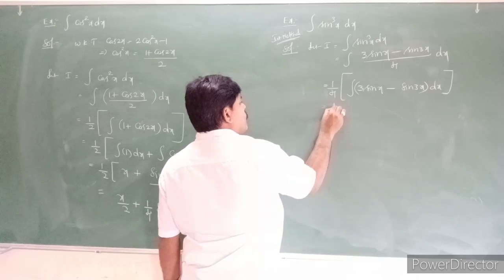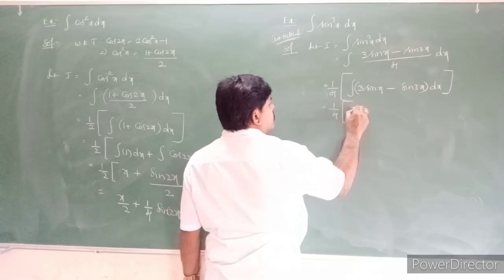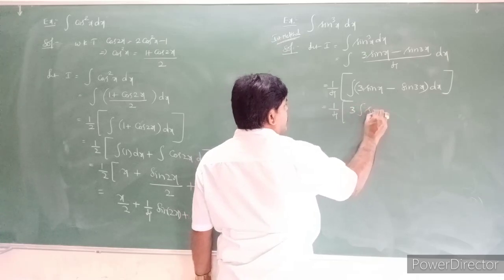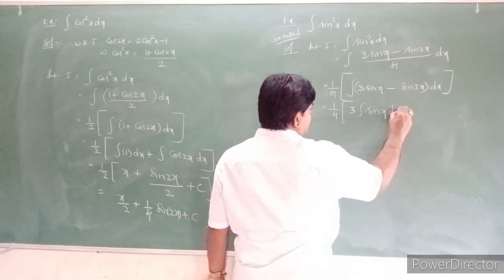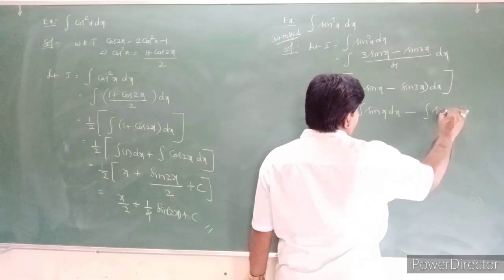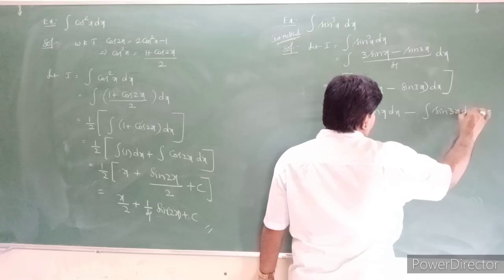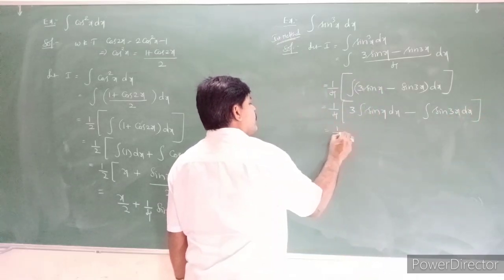So that is equal to 1 by 4 times 3 into the integral of sin x into dx minus the integral of sin 3x into dx. So that is equal to 1 by 4.